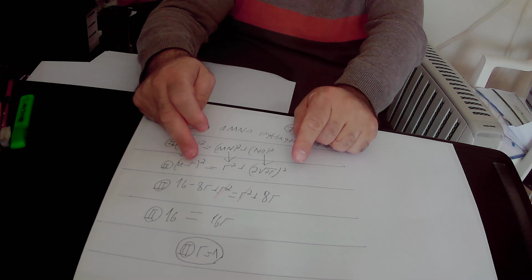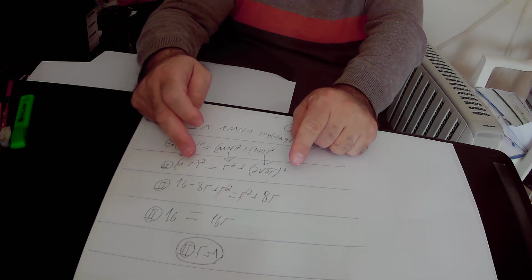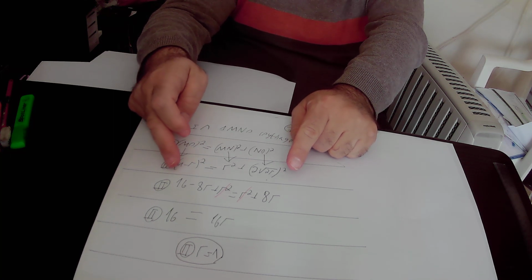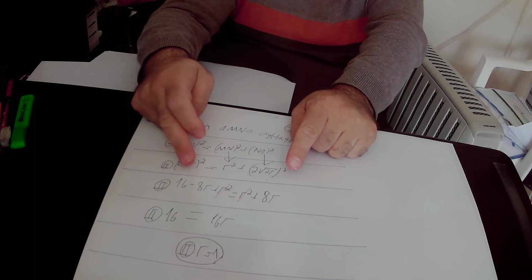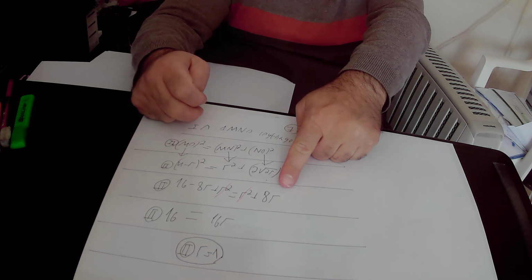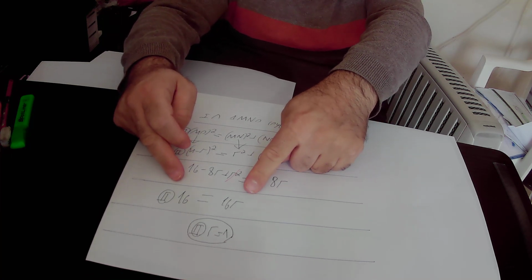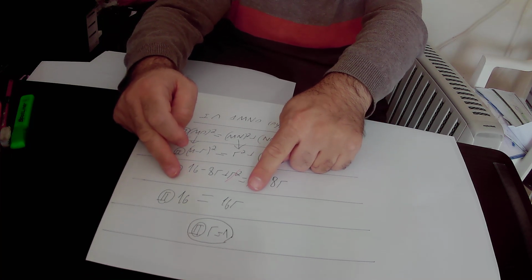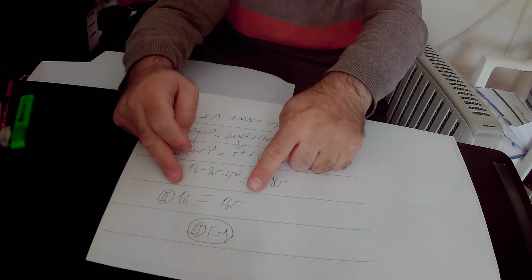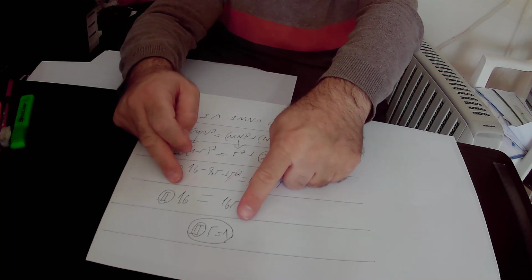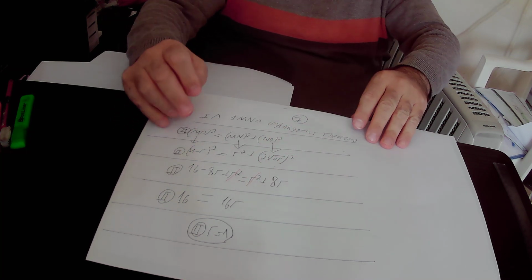After we cancelled R square, we added 8R to this equation. 8R minus 8R is 0, and 8R plus 8R is 16R. So in total we get that 16 equals 16R. We divided equation number 2 by 16, and we found that the radius of the small circle R equals 1 unit.